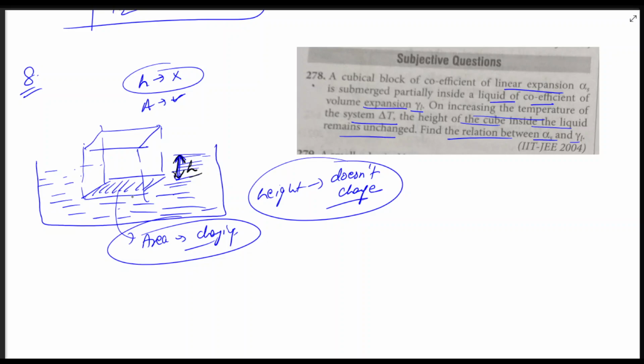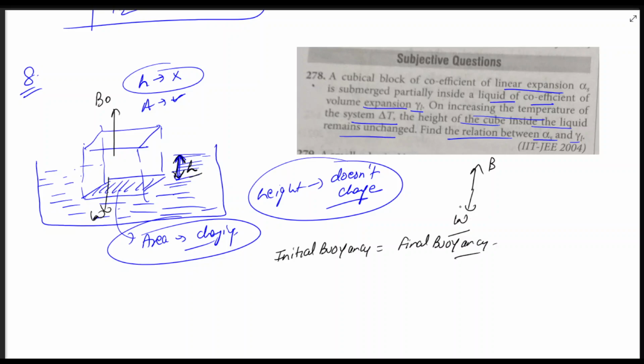So look, initially, let's say the buoyancy is B naught and the weight is W, right? Finally, the buoyancy is let's say B, but the weight of the object is still W. This height is not changing, right? So we'll say the initial buoyancy must be equal to the final buoyancy.